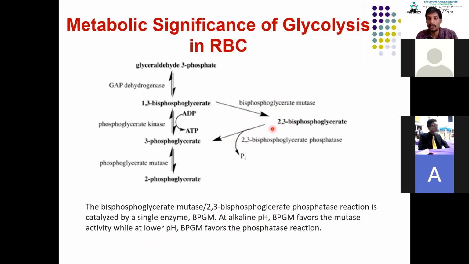So what you understand from this step, the takeaway message, is that the pH of the cell, especially the RBC, will decide whether 2,3-bisphosphoglycerate or 3-phosphoglycerate is in the cell. So when it is alkaline, 1,3-bisphosphoglycerate produces 2,3-bisphosphoglycerate. In acidic, it will convert into 3-phosphoglycerate. Try to keep this in your mind. We'll come to this step later.